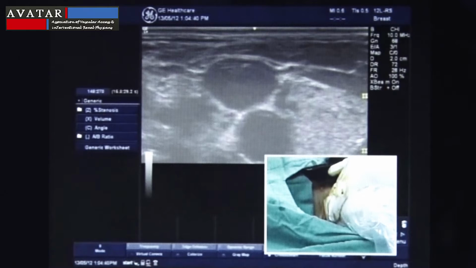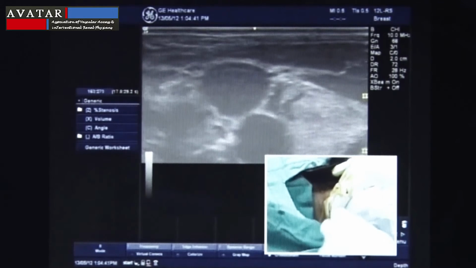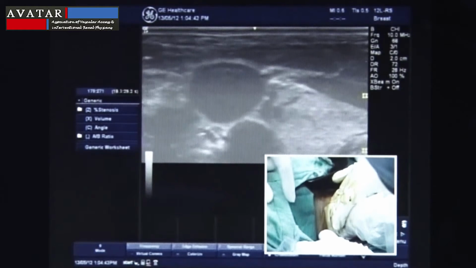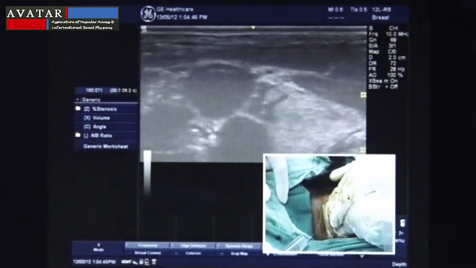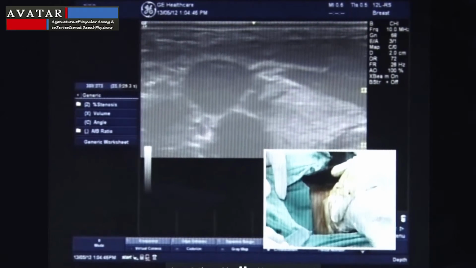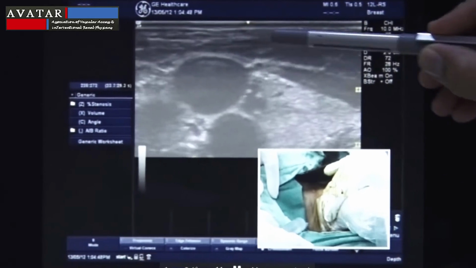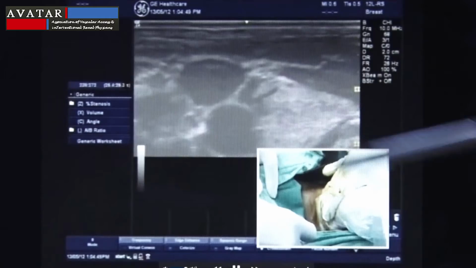Now we are going to see the introduction of the guide wire under ultrasound guidance. It's a protocol nowadays that all punctures have to be done real time under USG guidance. Here we can appreciate the vein, and this is the artery.